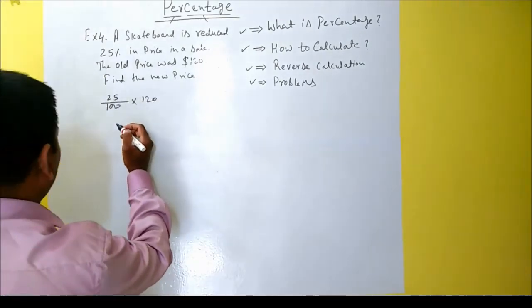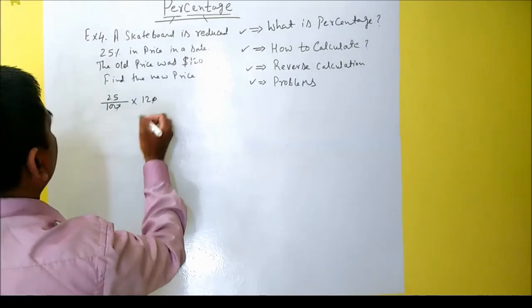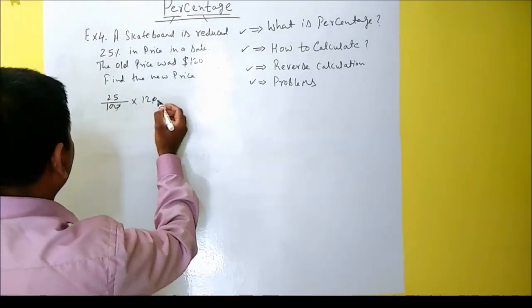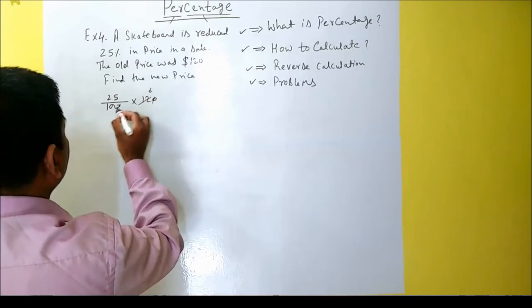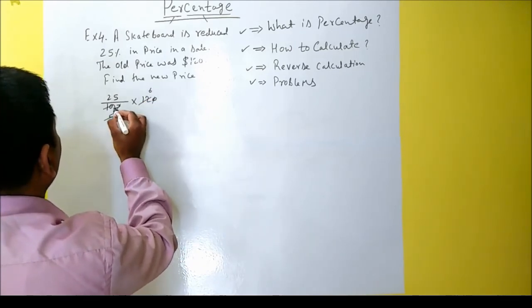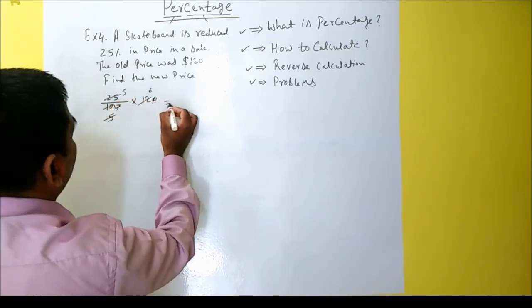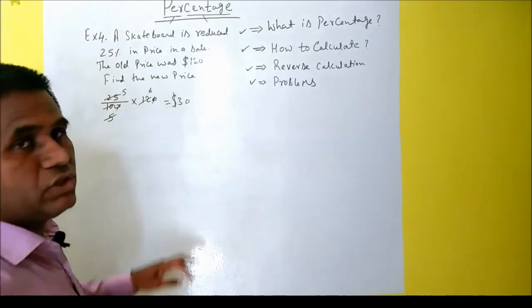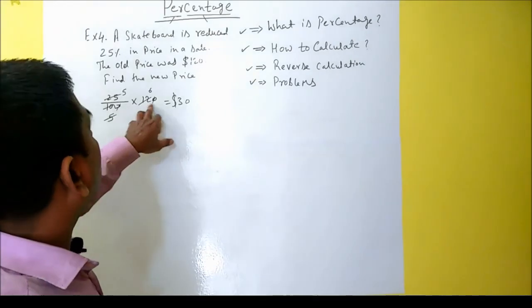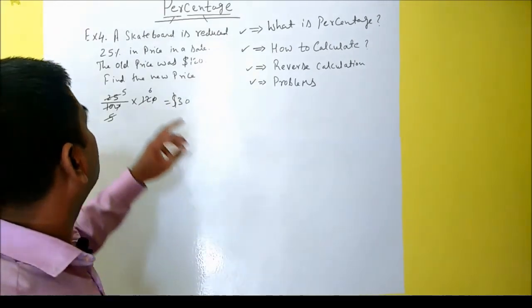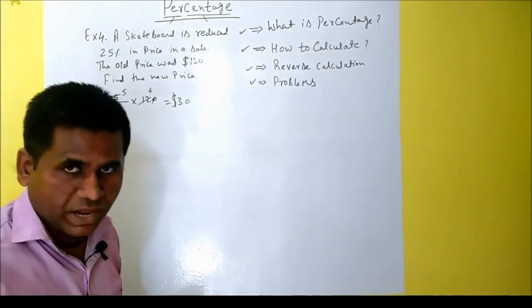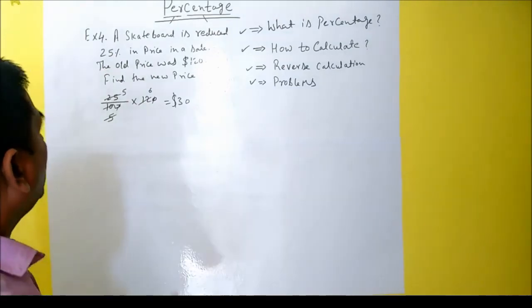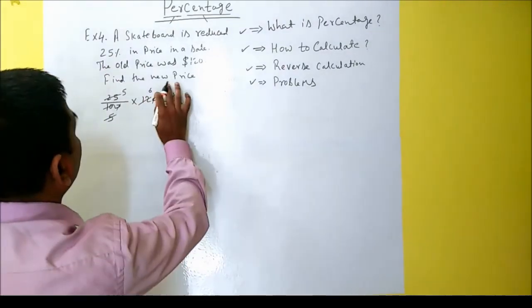So upon solving, you will find that it is 30. Okay, so I can write here dollars. So out of 120, $30 is the reduction in the price. Okay, so what we can do is find the new price.